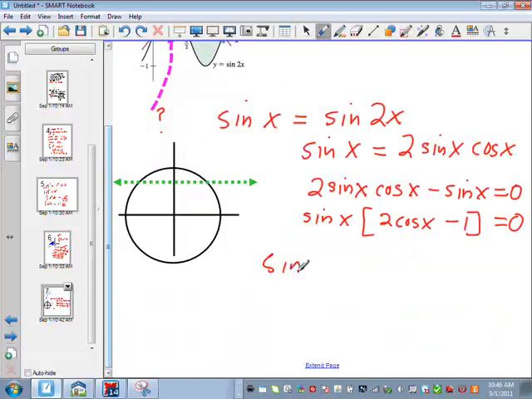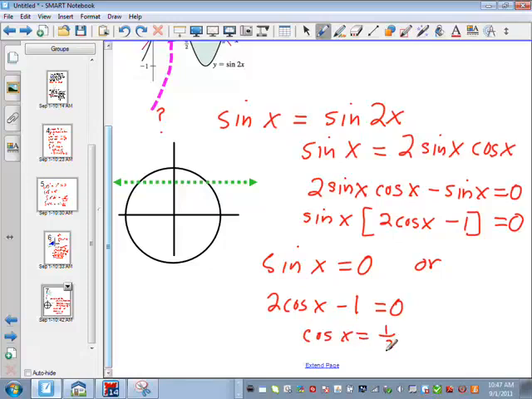This is true if and only if the sine of x is equal to 0, or 2 cosine x minus 1 is equal to 0. That's true if and only if the sine is 0, or the cosine of x is equal to 1/2. And that happens at 60 degrees, which is pi over 3. So you get x equals pi, or x equals pi over 3.